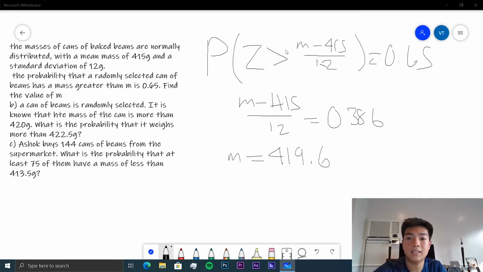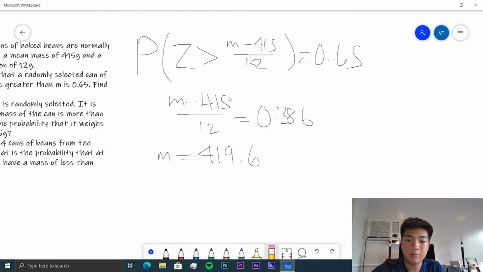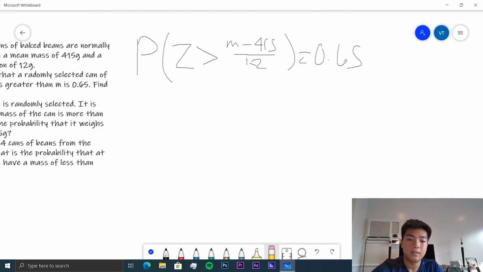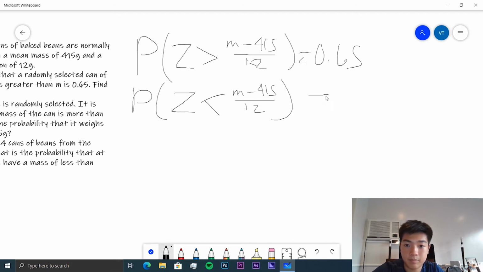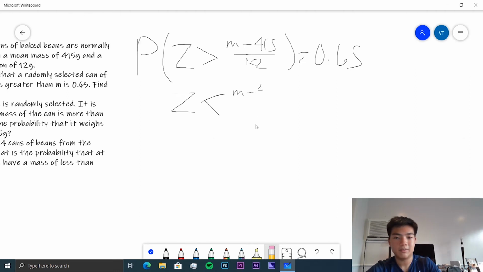Sorry, we should actually be subtracting, because the probability that x is greater than m is equal to 0.65. So we have x is less than m, minus 415 over 12. It's because of the limitations of my probability distribution table.